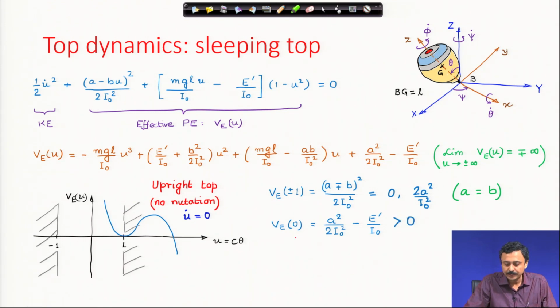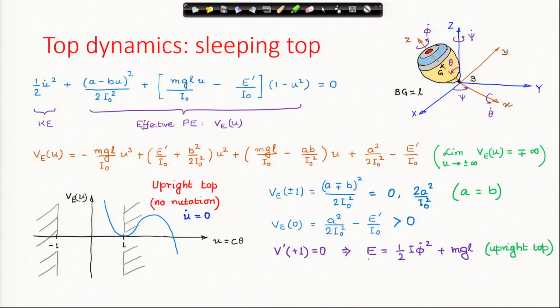and this quantity, if you now compute, you will find that it is greater than 0, as you can see here. If you calculate the slope of the potential energy curve at u equal to +1, it is 0, as per our picture of the potential energy variation with u. That gives us the total energy; this detail I leave to you to check.